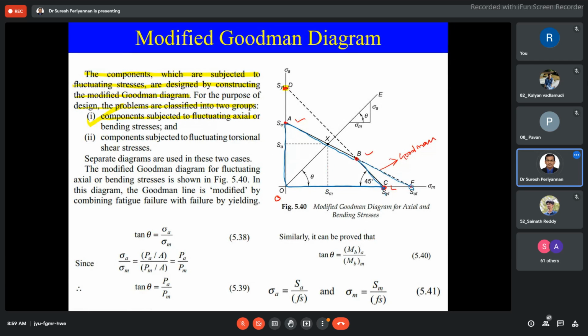See here, the line AB portion is the fatigue, the Goodman line. The line BC portion is the yield line.